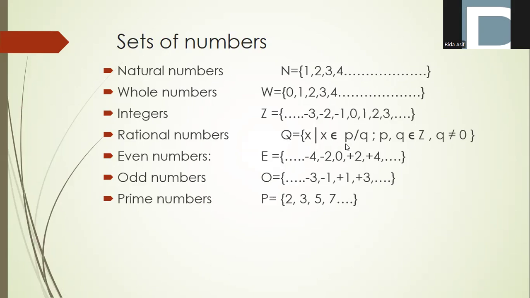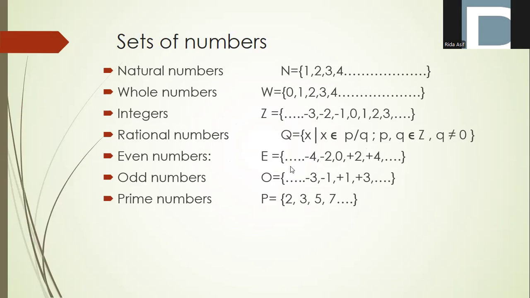Those which can be written in the form of P upon Q, right? These are called rational numbers, and here P and Q belong to integers, right? That is, the numbers which can be written in the form of a fraction. These are called rational numbers, where the denominator Q can never be 0.